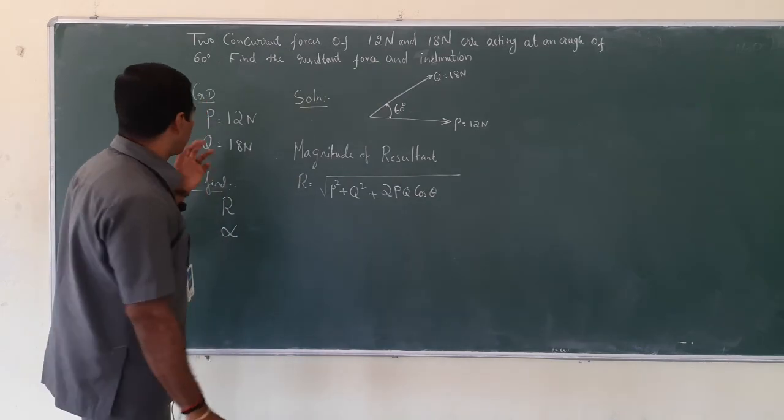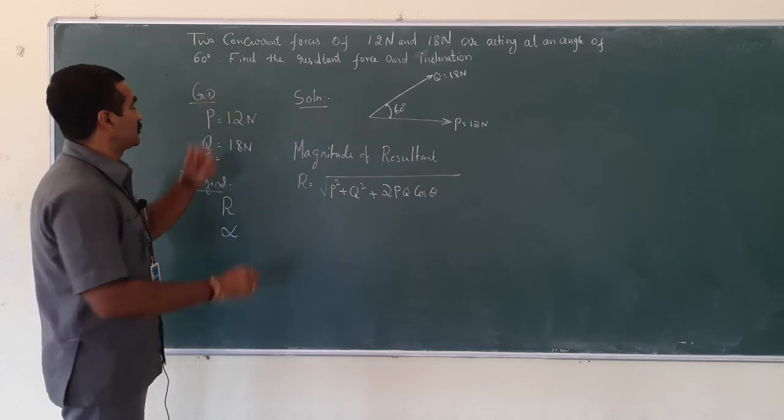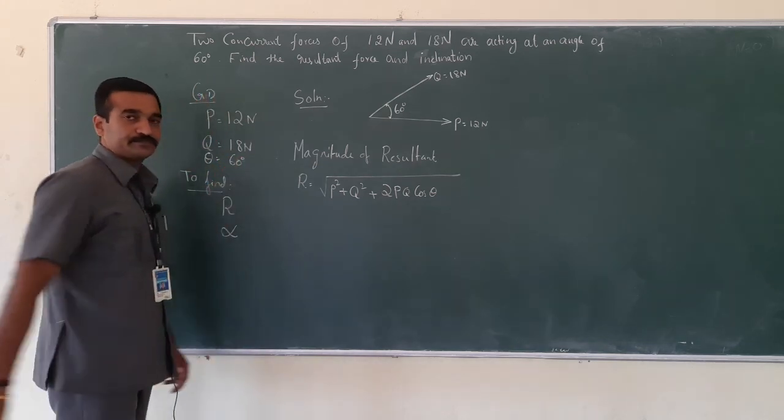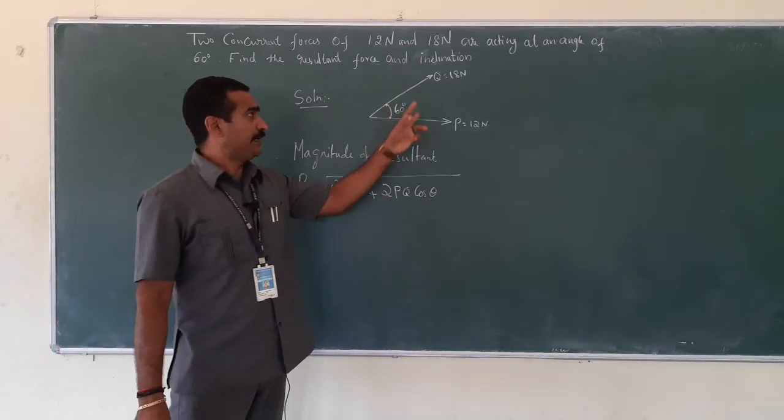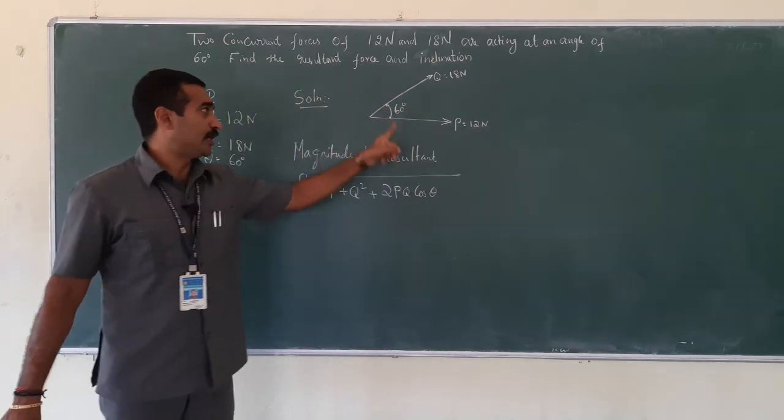Here one thing I missed out, which is theta. That is the angle between the forces, which is 60 degree. The angle between the two forces is the term theta.